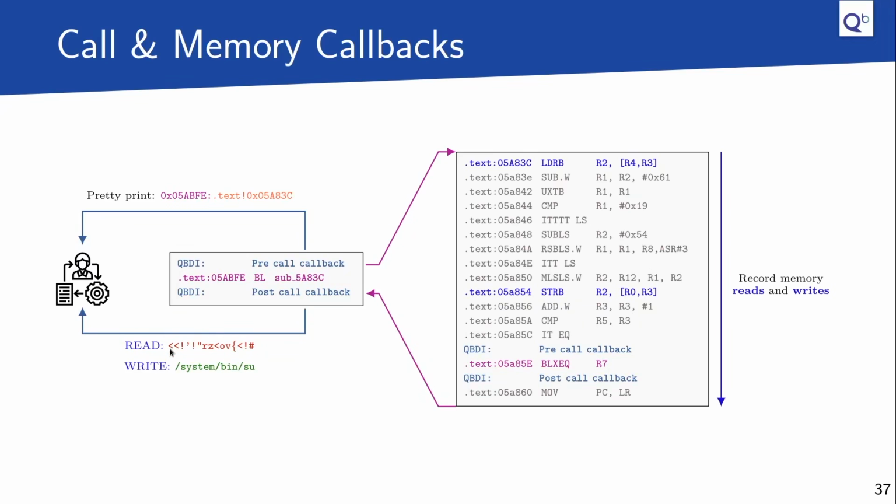And if we have at the beginning this kind of input that is loaded, here we'll find some string decoding, because at some point the program needs the plain string. So at some point we'll find the clear string in a buffer, and using the memory access callback, you can find this string.